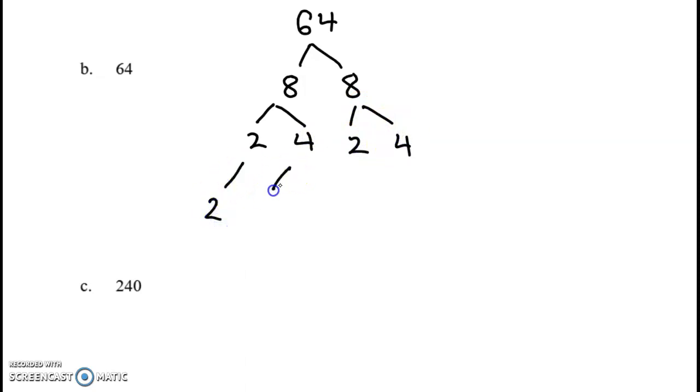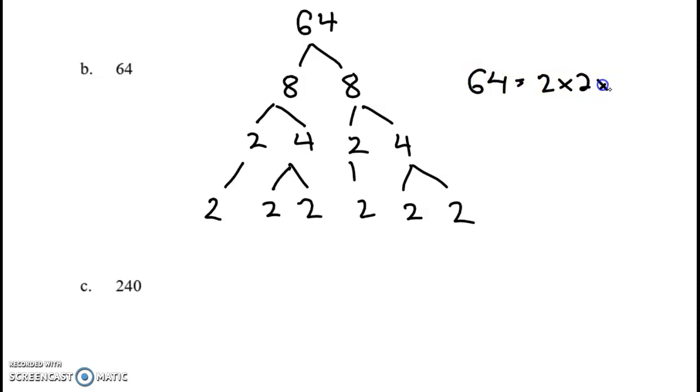Well, I can't do anything with that one. 2 and 2. And so in fact, 64 is equal to 2 times 2 times 2 times 2 times 2, need one more, times 2, which is really just 2 to the power of 6.